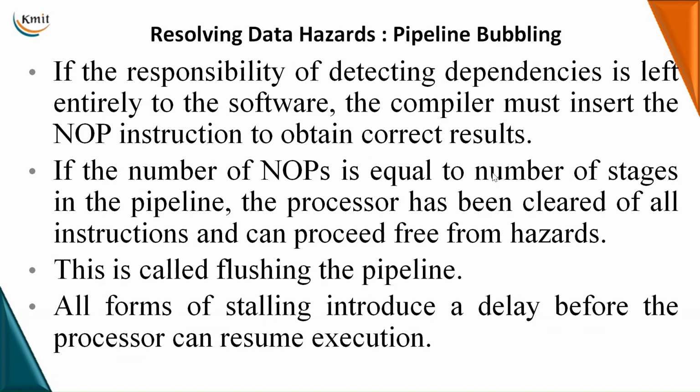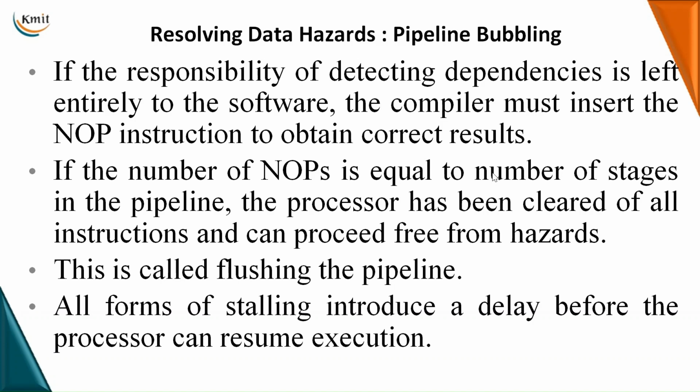It is entirely the responsibility of the software, so the compiler itself will insert the NOP instructions in order to obtain the correct results. There is also a limit on the number of NOP instructions that can be placed between any two instructions. The limit is that if the number of NOP instructions is equal to the number of stages of your pipeline, then you have to clear off all the instructions in the pipeline and proceed from the starting of the pipeline.